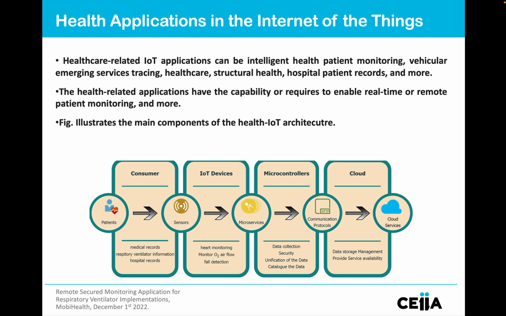So, what is the architecture of an IoT health application? First, we have a consumer that has some kind of device connected to it, and this device is able to collect data using sensors. The data is then sent to a microcontroller that pre-processes the data, checks if any acting is necessary, and communicates the data to a cloud-based system.